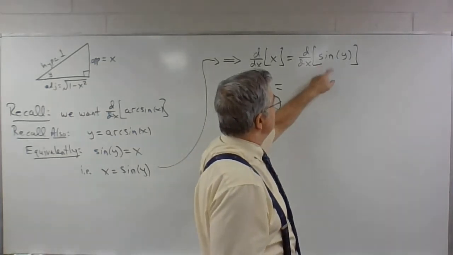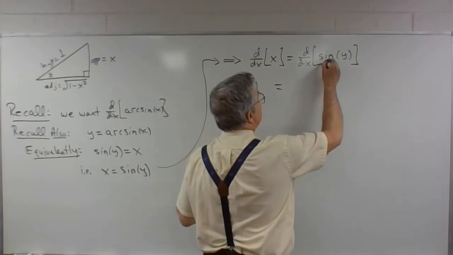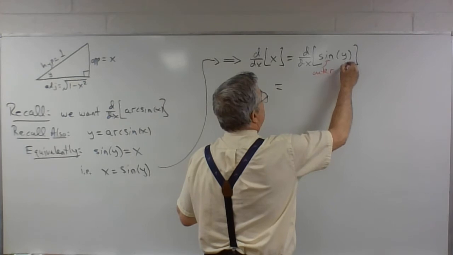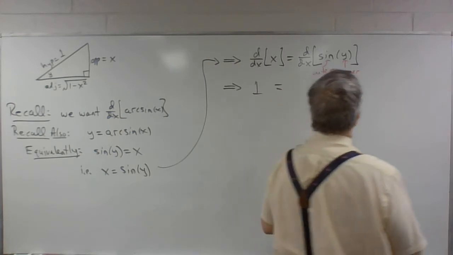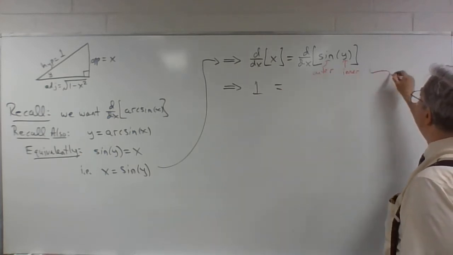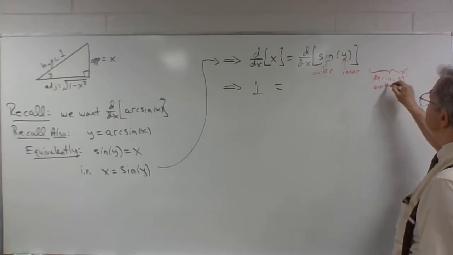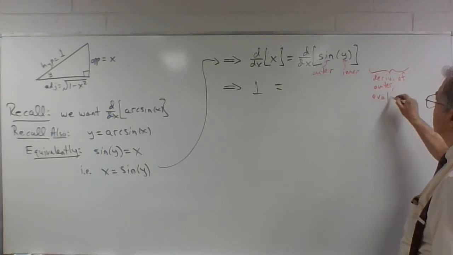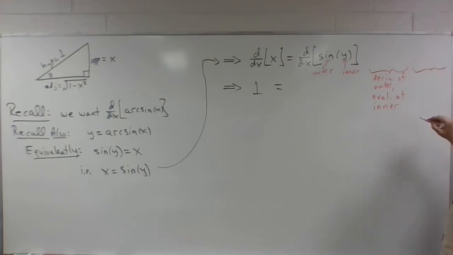So here's what we're going to get. If we label the sine as being the outer function and y being the inner function, we're going to get derivative of the outer evaluated at the inner times the derivative of the inner. That's the chain rule.